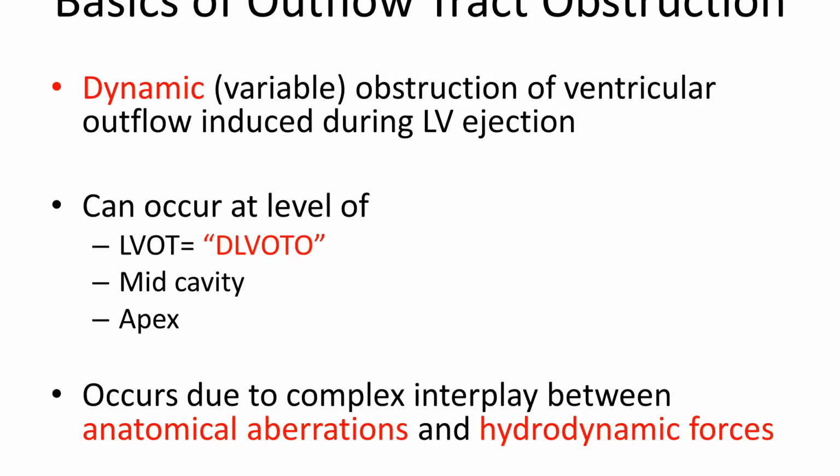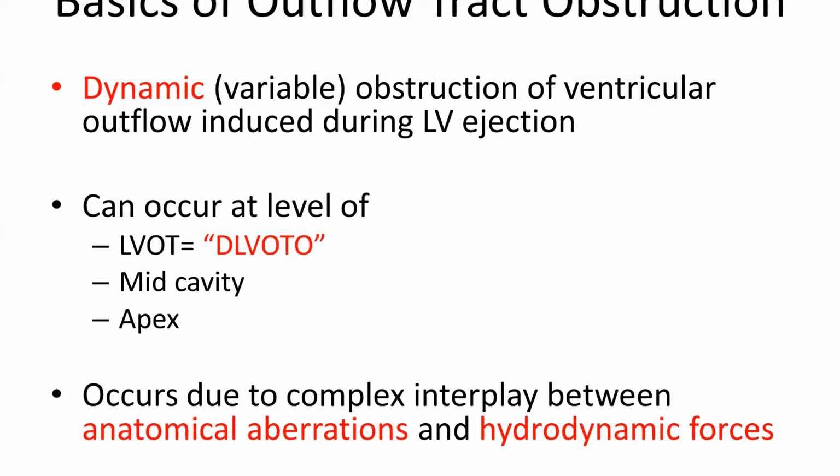It's important to know that the obstruction can occur anywhere in the ventricle, most commonly in the LVOT, and there's the term DLVOTO, or dynamic left ventricular outflow tract obstruction, but equally it can occur in the mid cavity and also in the apex, certainly in the HOCM zone.